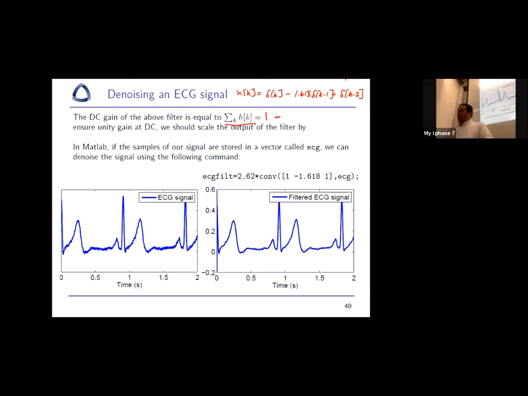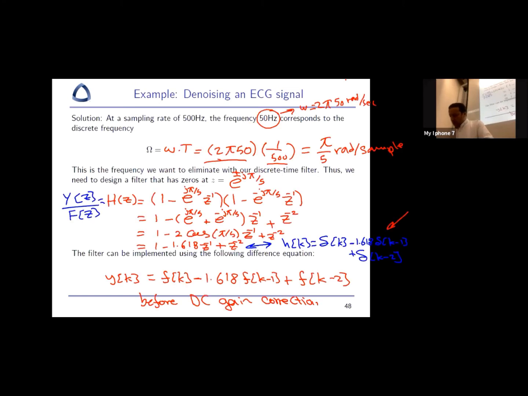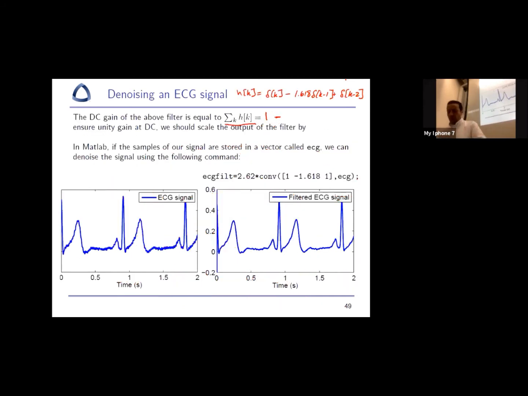So I want you to do the following. You know this Z is just e to the power j omega, right? Substitute 0 there. So Z will be just 1, right? So that will be 1 minus 1.618 plus 1.